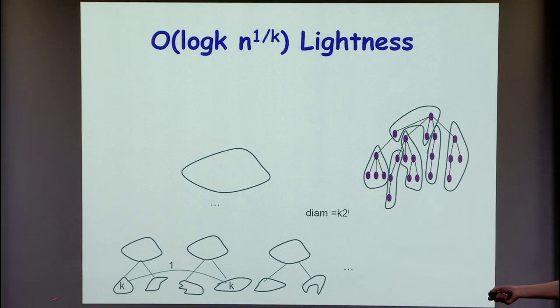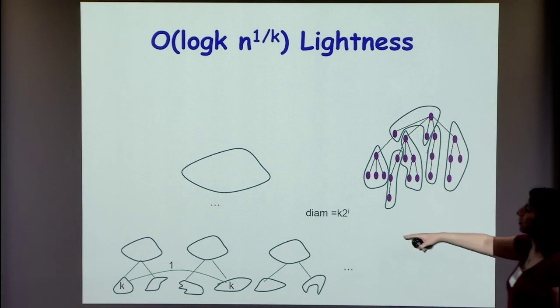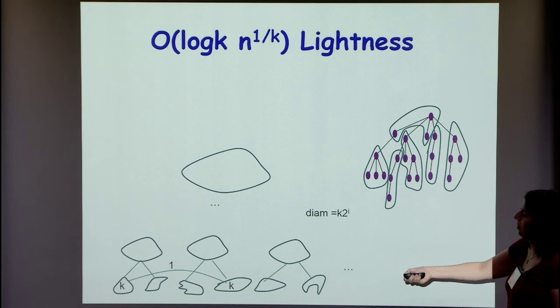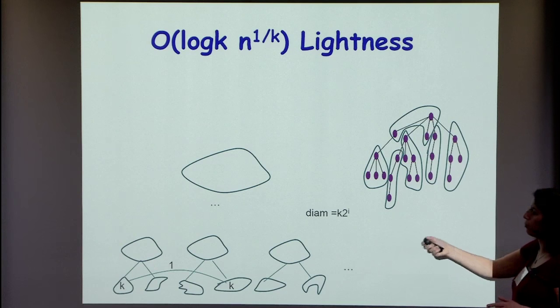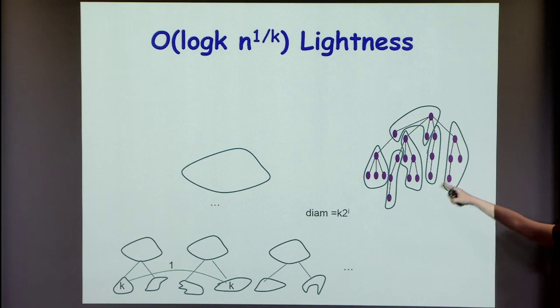So now I'm looking at all edges between clusters in this level, and I remove multiple edges, so I just pick one of them. So if I got lucky, and the number of edges incident to each cluster is constant, and this happens for every level, so in this level I will look at edges of weight 1, here edges of weight 2, 4, and so on, then I'm actually done.